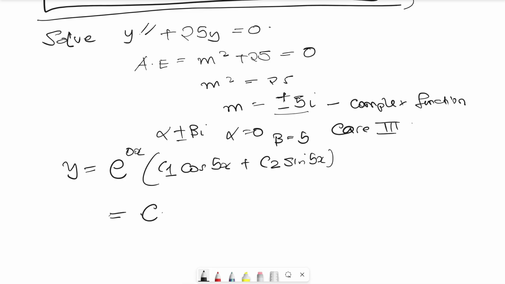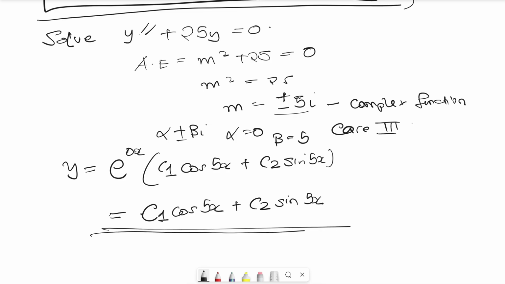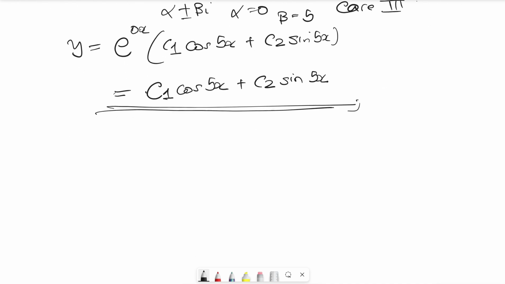The answer will be c1 cos 5x plus c2 sin 5x. Again, another easy question about case 3. So we'll move on to another question.